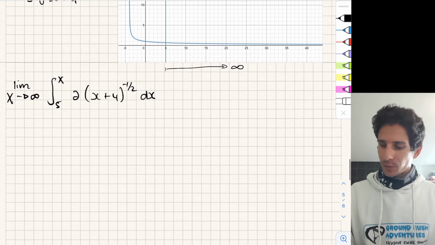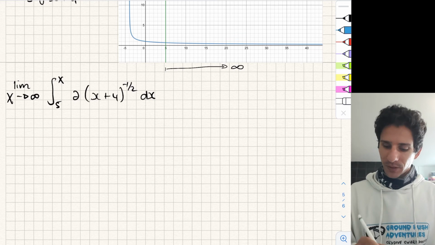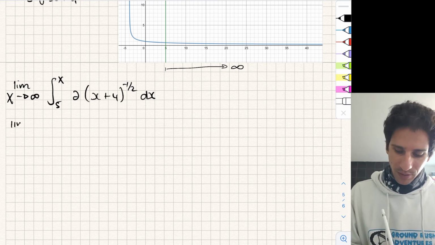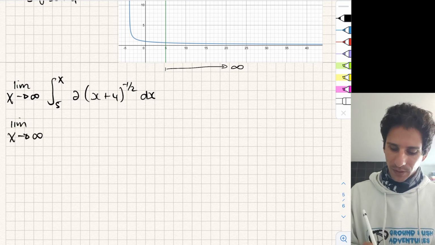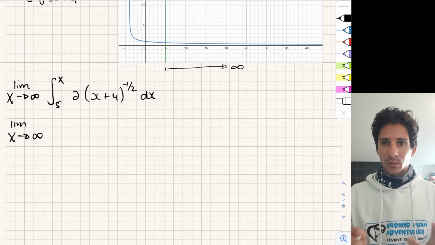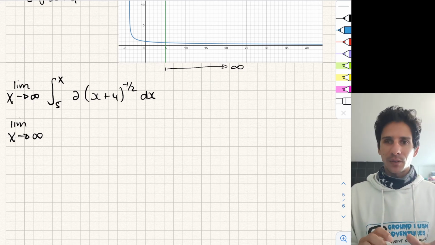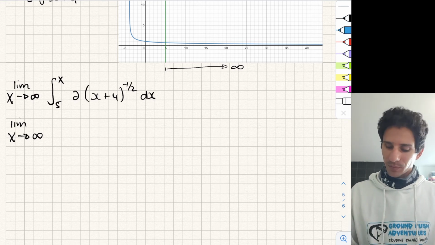I still need to keep writing that this is the limit as x approaches infinity, because we haven't evaluated our limit yet. If we don't have this limit, then we're not evaluating anything sensible.